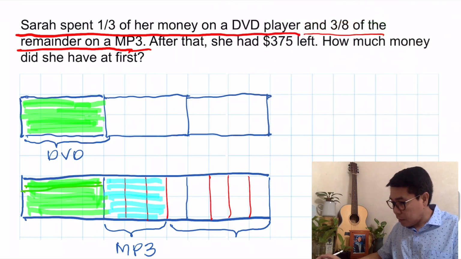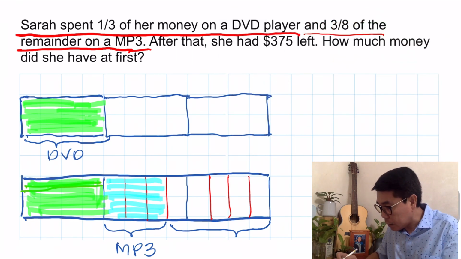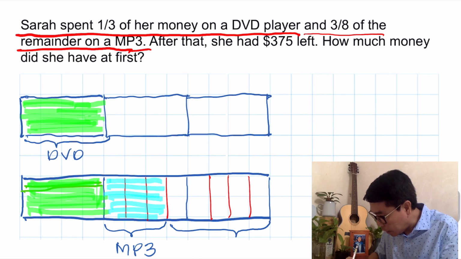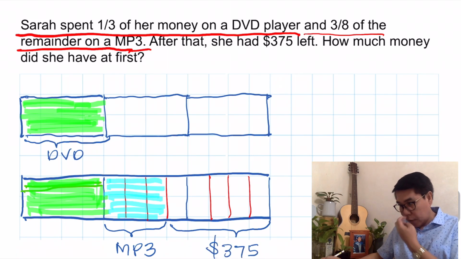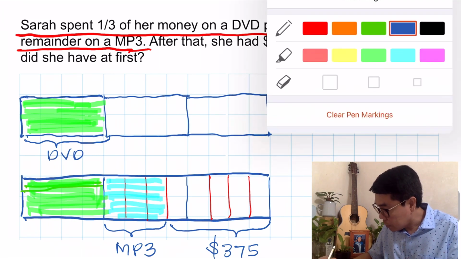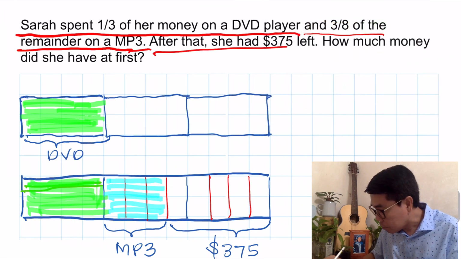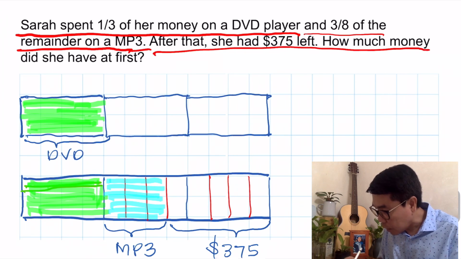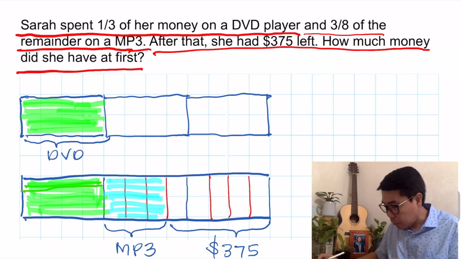And how much is that? It is $375 left. Then how much money did she have at first?